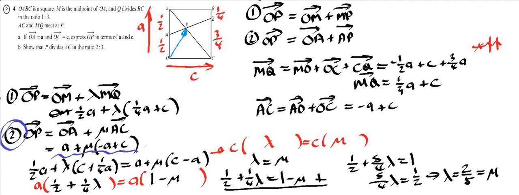We know that it equals A plus 2/5 of C minus A. So I've got 1 whole A, take away 2/5, so I've got 3/5 A plus 2/5 C. And that is the final answer.